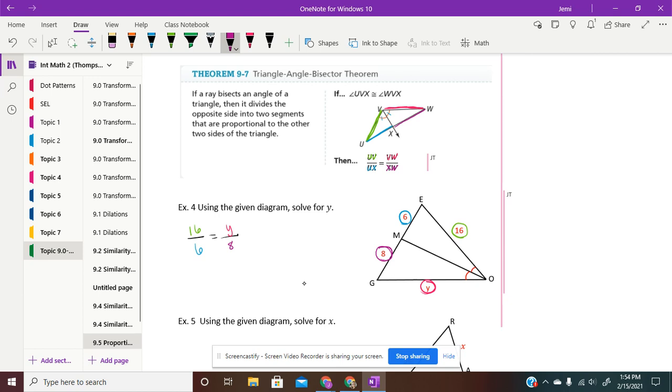The theorem reads a ray bisects an angle. So I have an angle bisector, which is OM here in this picture. OM, an angle bisector, divides this opposite side, GE, into segments that are proportional to the other side of the triangle, EO and GO. All right, and then I crisscross multiply and solve.